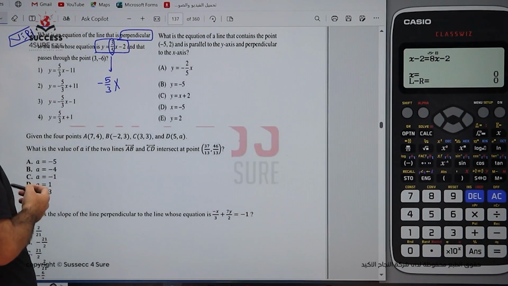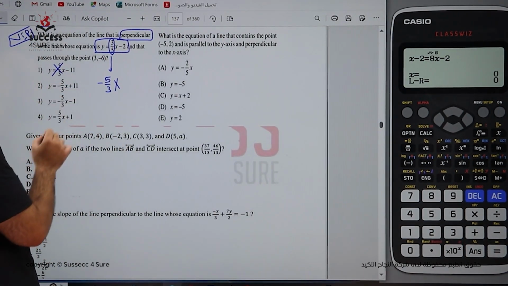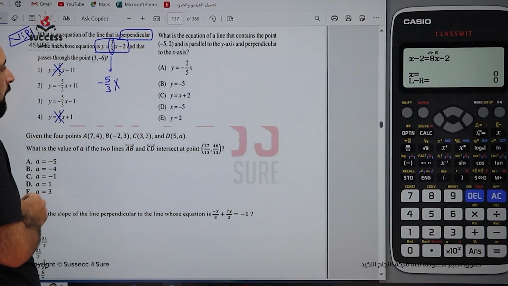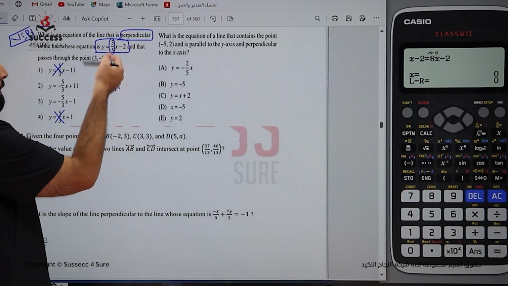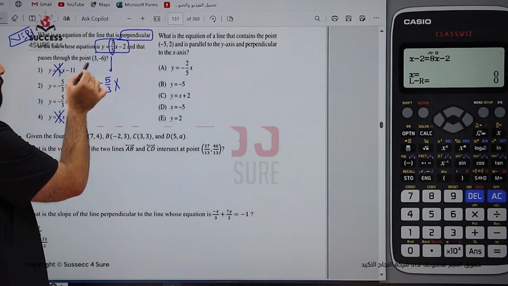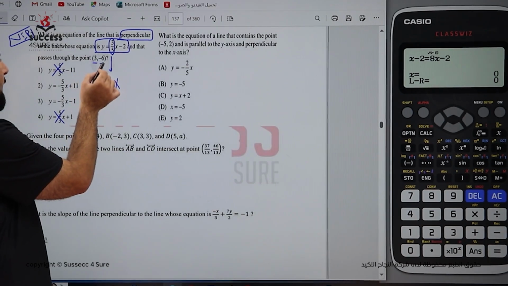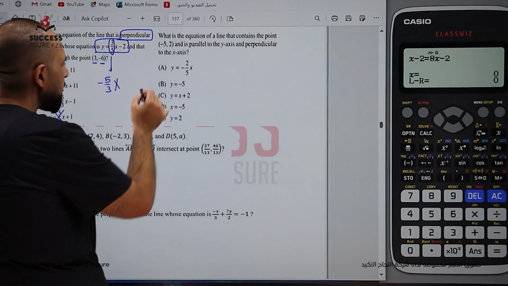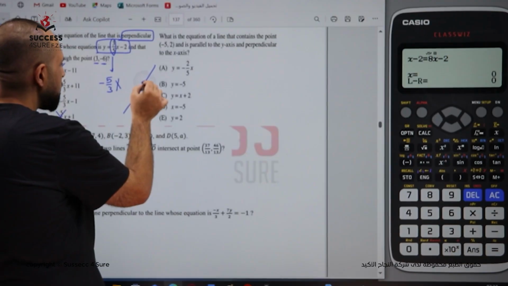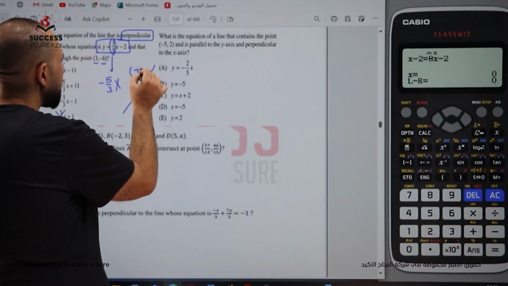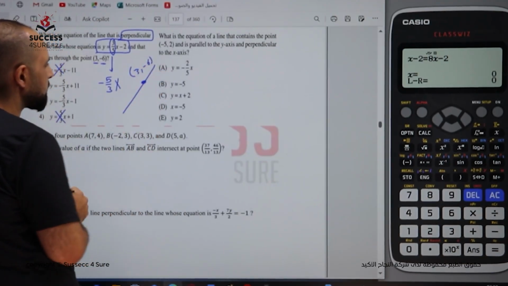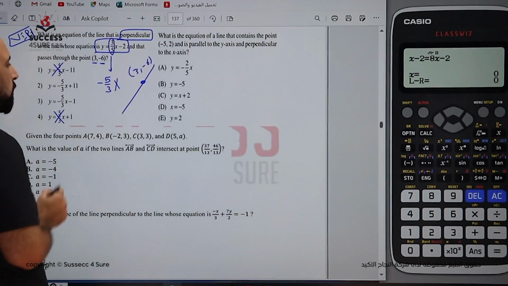If you look at the answers, you can cancel 1 and cancel 4. Now, the question says the line passes through the point (3, negative 6). Passing through that point means when x equals 3, y equals negative 6. So it satisfies that point.